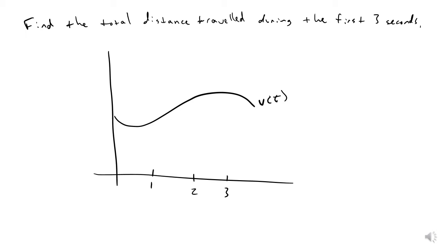Now, if I want to find the total distance traveled over some time interval, the first 3 seconds, that's exactly what we talked about on the last slide, total distance traveled. If I'm given a velocity function, notice this is not the distance function, this is the velocity function, my total distance traveled is equal to the area under my velocity function.